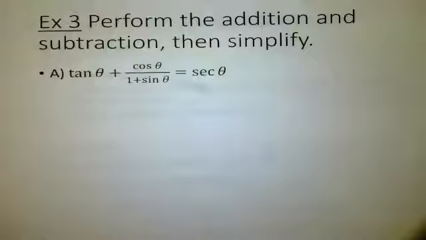Perform the addition and subtraction, and then simplify. We have tangent of theta plus cosine theta over 1 plus sine theta, and it's supposed to equal secant of theta.